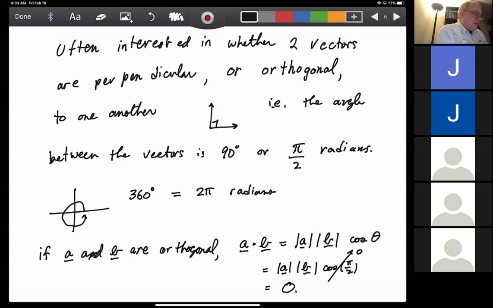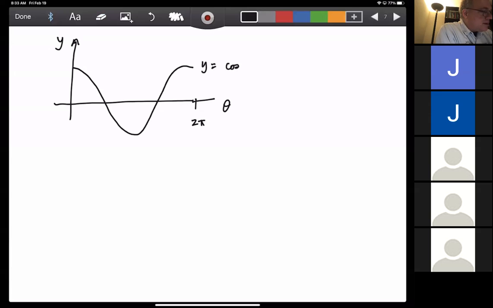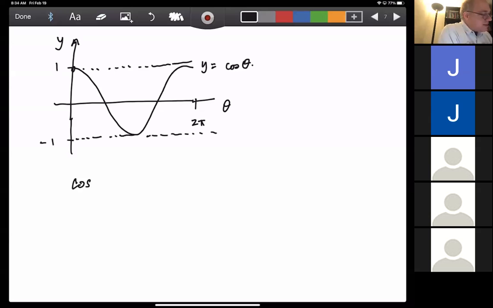Okay, so remember what the cosine looks like, what the sine looks like. This is theta. Y equals cosine theta. So special values of the cosine.